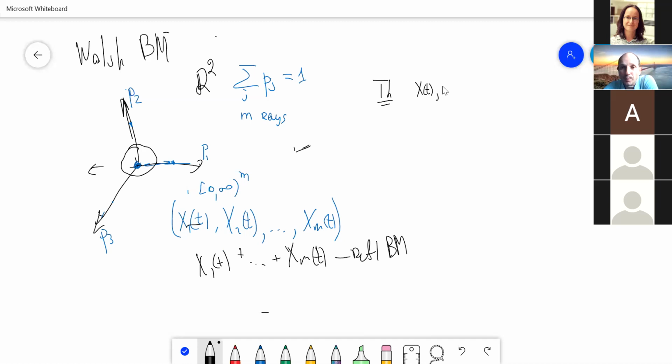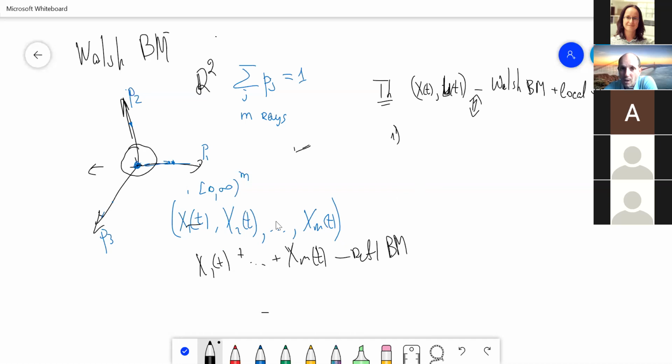The result is as follows. Let (X_t, L_t) be a Walsh Brownian motion with a local time at 0. So a process (X_t, L_t) is a Walsh-Brownian motion with a local time if and only if the following conditions are satisfied.